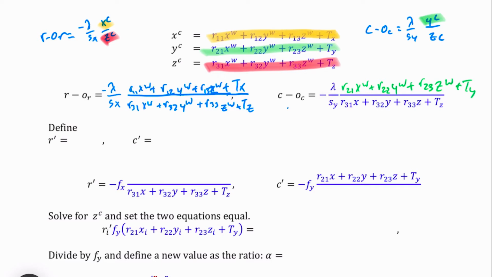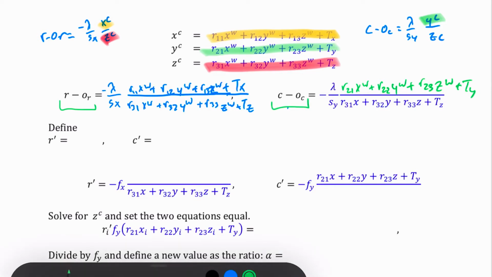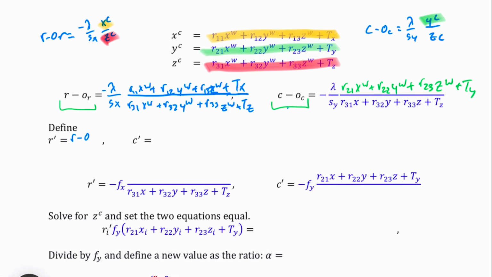And so all this would be linear if I could have a new definition for where these principal points are. It's easy to do that by just defining a new variable. We're going to say that r prime is equal to r minus or, and that c prime is equal to c minus oc. And the reason we can do that is we know our principal point from the vanishing point.